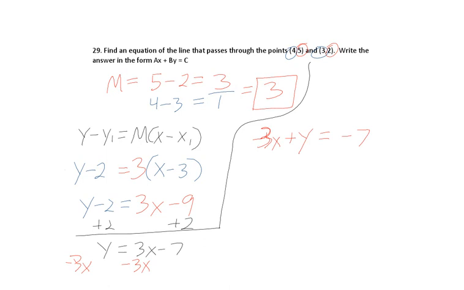Standard form also wants the first letter, x, to be positive. So we're going to have to multiply everything by negative 1. Multiplying by negative 1 changes everybody's sign. So negative 1 times negative 3 is now positive 3x. Negative 1 times y is now negative y. And negative 7 times negative 1 is positive 7. That's what they're looking for.